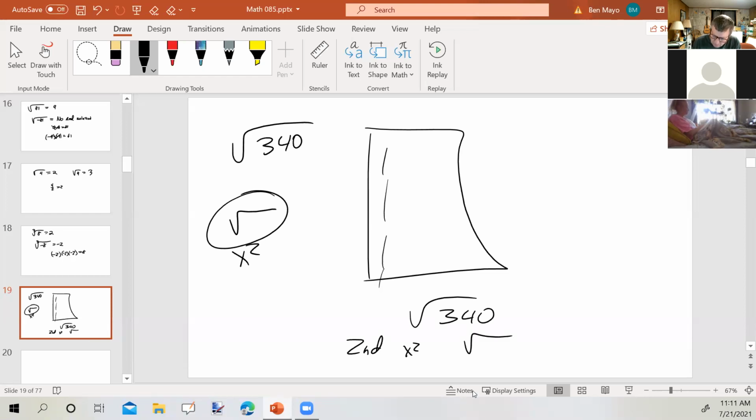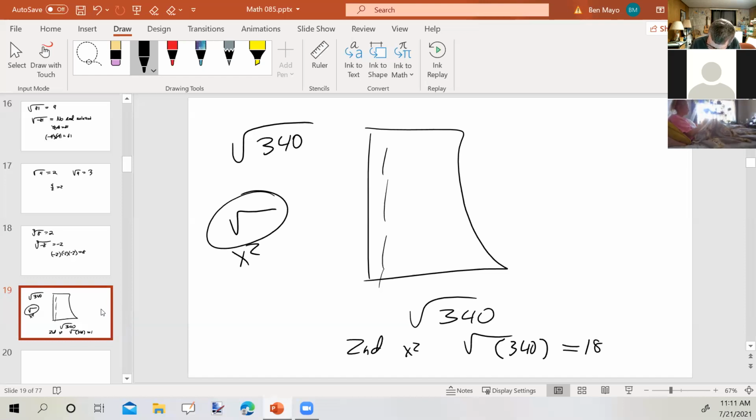Okay, and when that comes up on my calculator, there's a left-hand parenthesis. So then I'm going to put in 340. I'm going to close up that parenthesis and push equals. And we're going to find this answer to 4 decimal places.